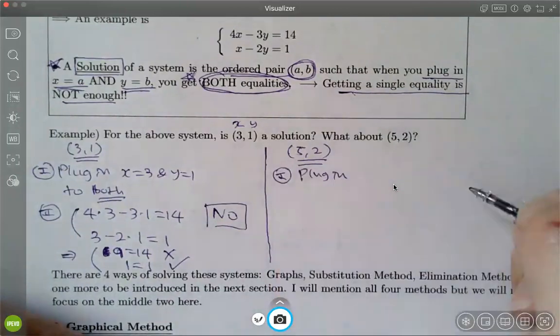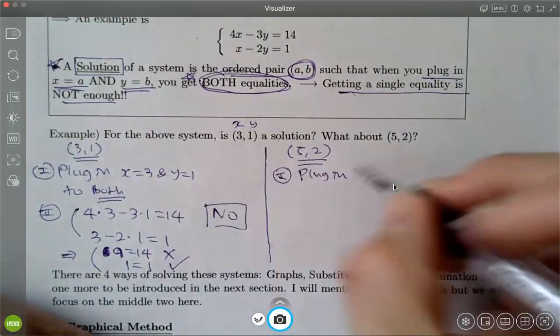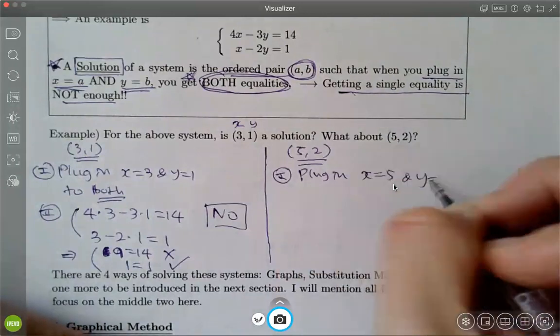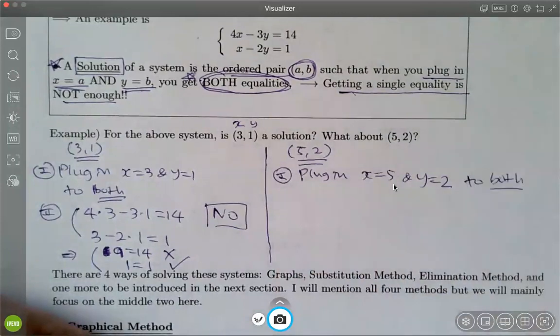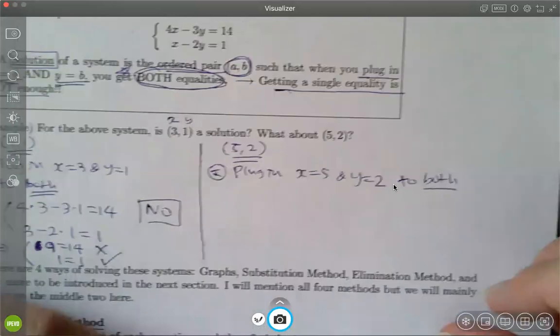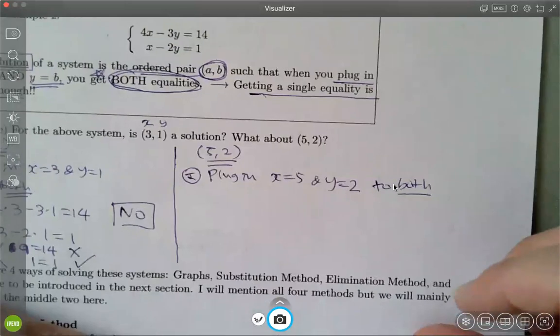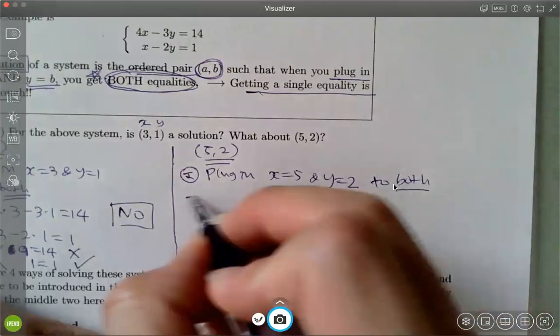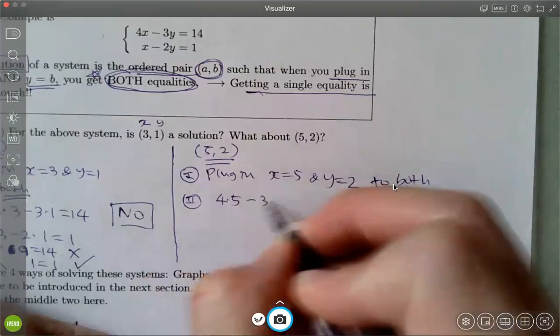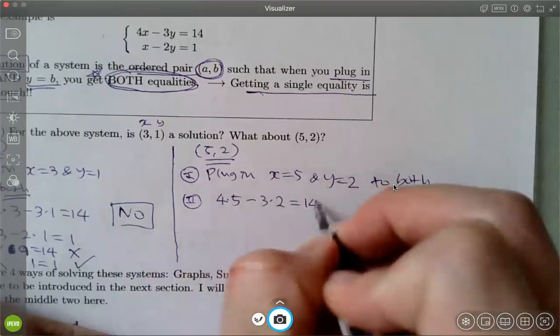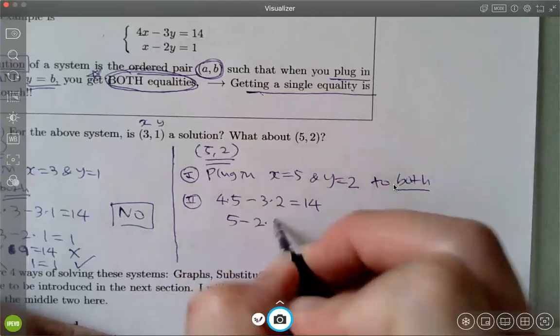So here, what do you do? Plug in x equals 5 and y equals 2 to both equations, okay? So what do you get? 4 times 5 minus 3 times 2 equals 14. And then 5 minus 2 times 2 equals 1.